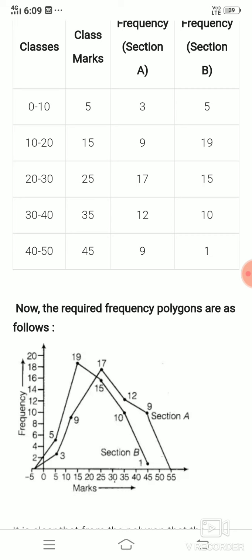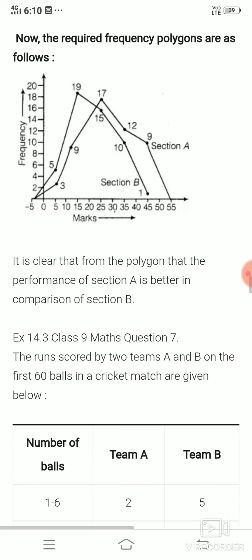You need to introduce the starting point of the x axis: previously only 0, 5, 10 was given, so the previous point is minus 5, and you need to start from minus 5 and stop at 55, since the class mark is 5 for the first class. So the starting point in the x axis is minus 5 and the end point is 55. It is clear from the polygons that the performance of section A is better in comparison with section B.